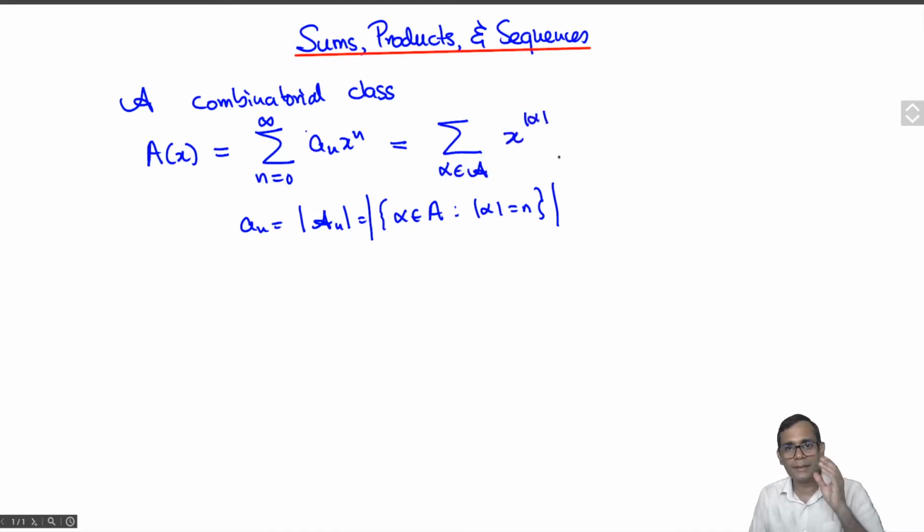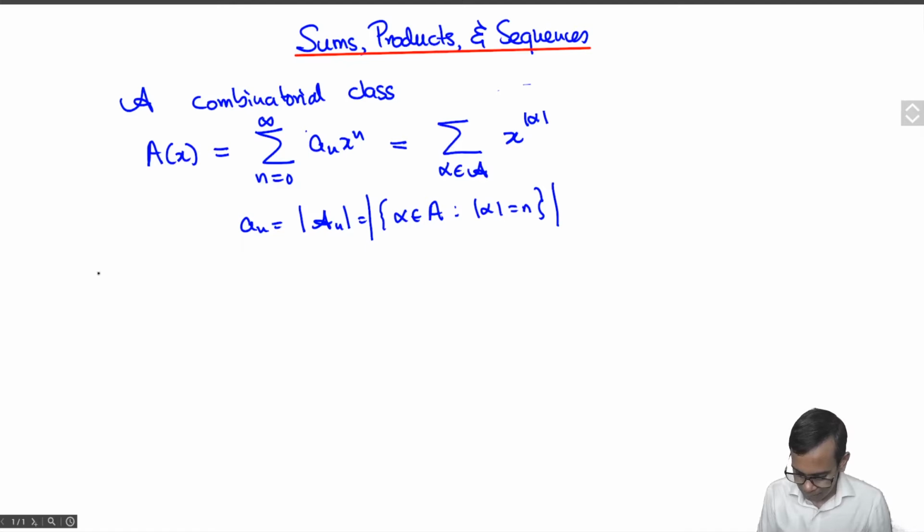These two are clearly the same, and this sum only makes sense if we have the condition that a_n is finite for every n. Then there will be only finitely many terms corresponding to each monomial, and so this sum will not make sense unless A is actually a combinatorial class, in the sense that it satisfies the finiteness condition in the definition of a combinatorial class.